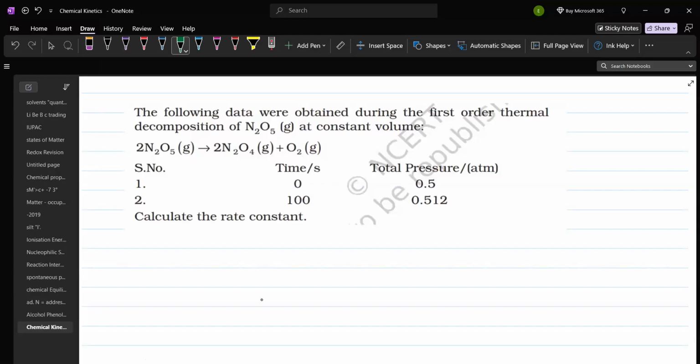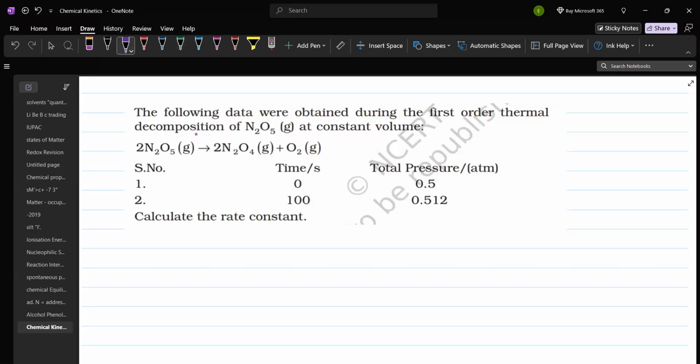So the question is first order reaction only, and the contents here are gaseous ones. So this is a little different question, a little tricky one. That is why we are going to solve this question.